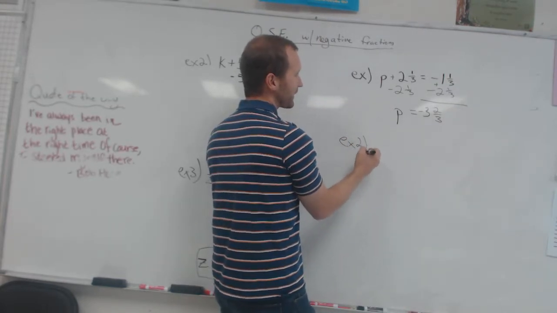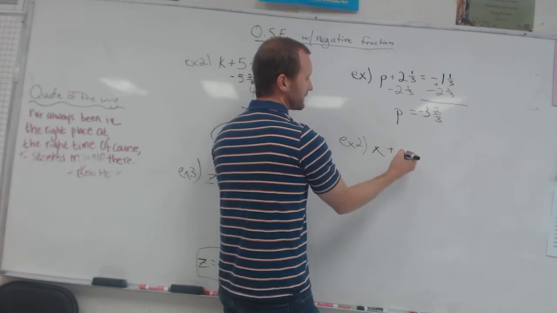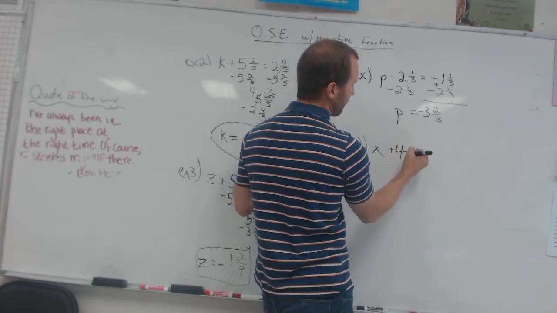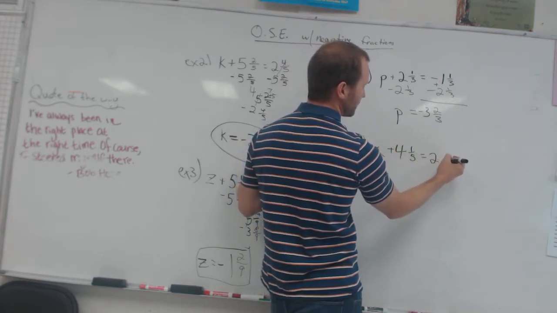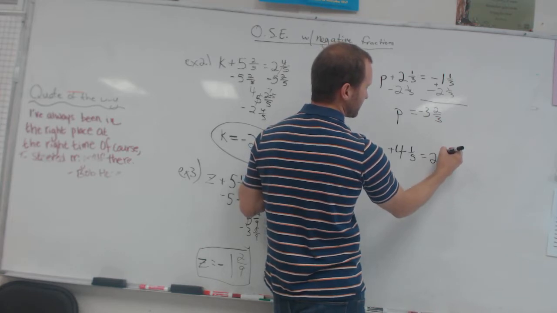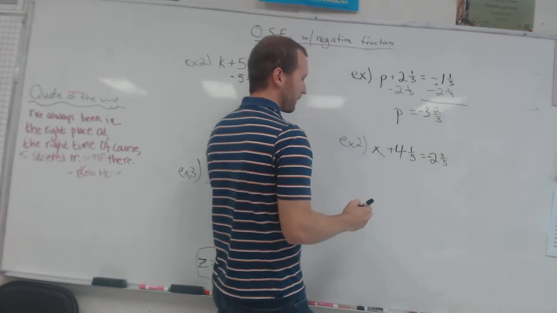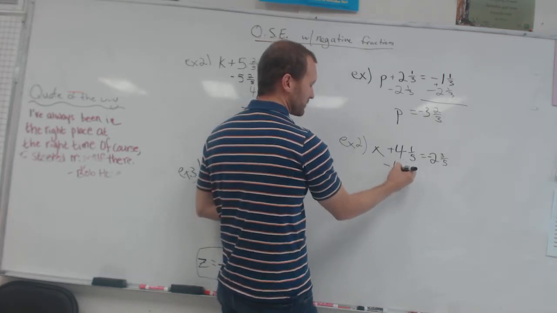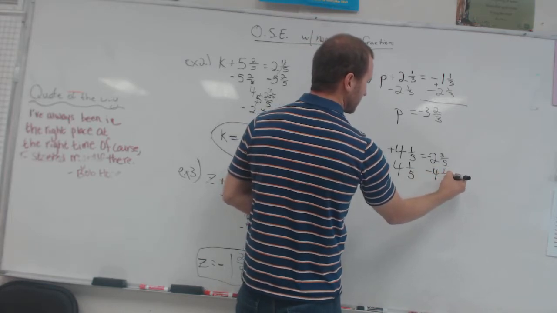Okay, let's see if I can do one without making any mistakes. Alright, x plus 4 and 1/5 equals negative 2 and 3/5. So you're going to subtract 4 and 1/5. What do I notice? Well, there's a negative.